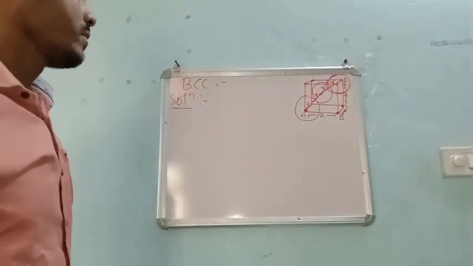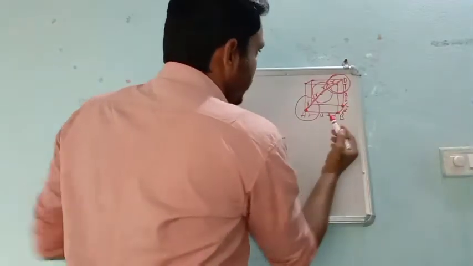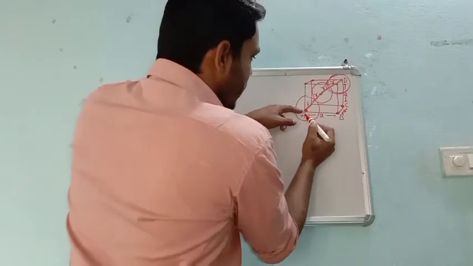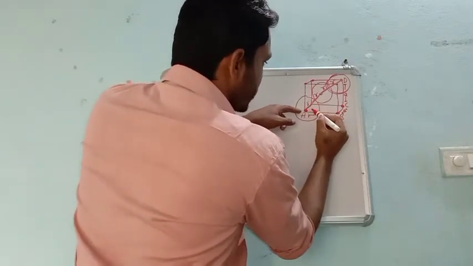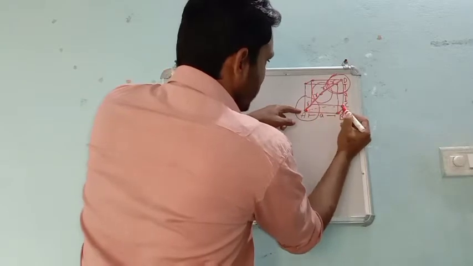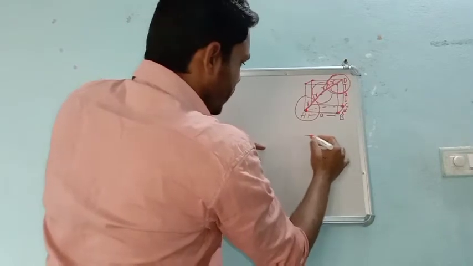After doing this, we can imagine there are two angles that will be created. So see, first angle, say for example angle ABC.